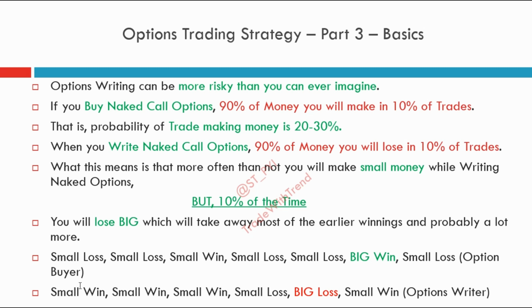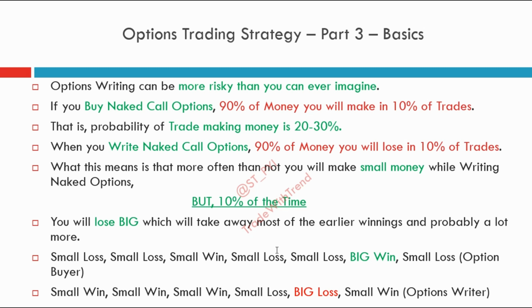Now look at the trading sequence of an options writer. An options writer is going to win a lot. The reason being that time decay is always on his side. So he'll be winning small, again he'll be winning small, then there'll be a small loss, then there'll be a big loss. This big loss will take away most of the winnings, and at times much more. So I hope you can see the difference. An options writer usually is successful 80 to 90% of the time.